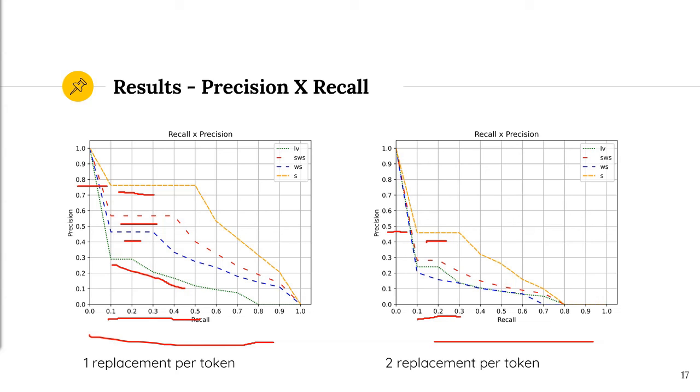Also, we can see that the Levenshtein function had the worst result with 1 replacement per token. But with 2 replacements per token, the word similarity, Levenshtein, and strict word similarity got almost the same result, with a precision between 20 and 30% for 10% of recall.